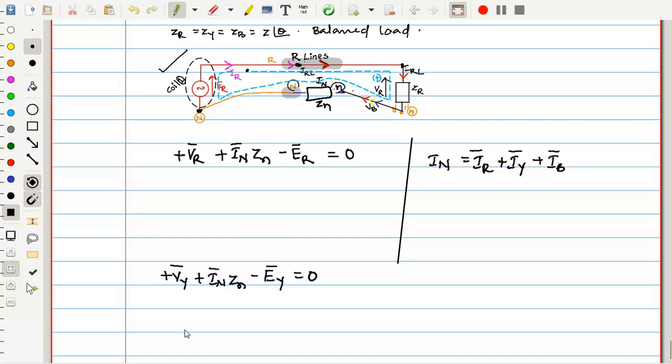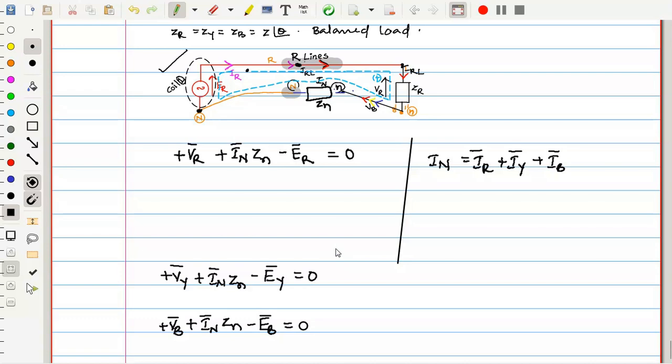Let me write the other one: plus VB plus IN into Zn minus EB is equal to 0. You will get this for the B phase loop. I request everyone to draw the corresponding loops and make a note of these equations, and observe that you have 4 unknowns and 4 equations.